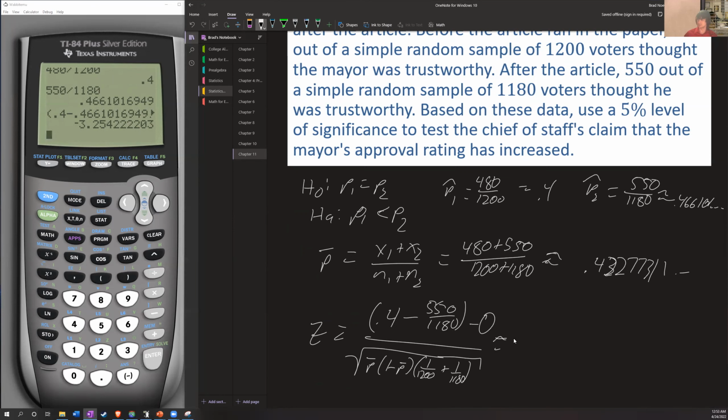And we find that our z value is approximately negative 3.25.